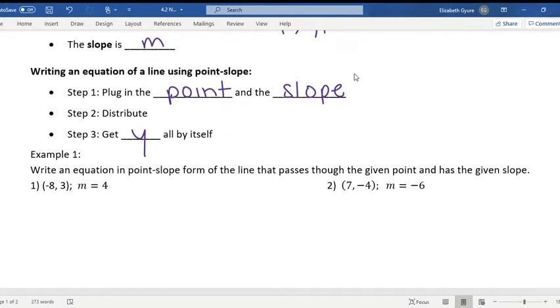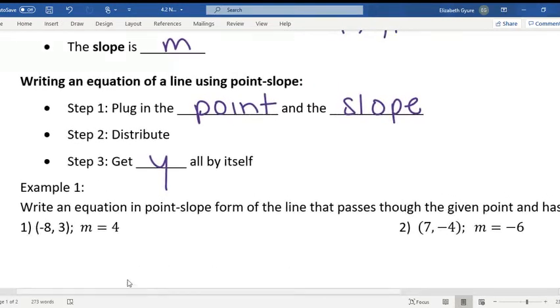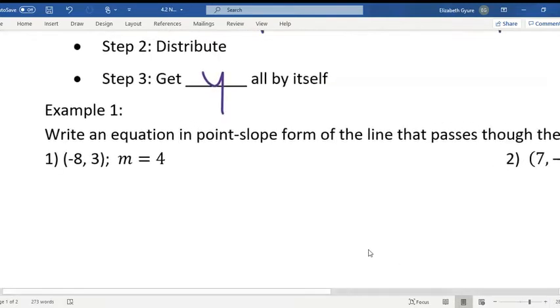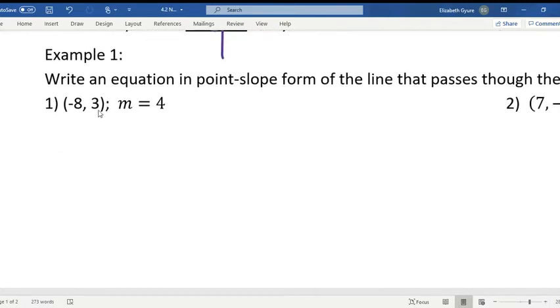So let's practice this. Write an equation in point slope form of the line that passes through the given point and has the given slope. So I'm giving you a point and a slope, so you should use point slope. All right, so let's label what everything is so we know exactly where it needs to go. Okay, so this is your point, this is your slope.